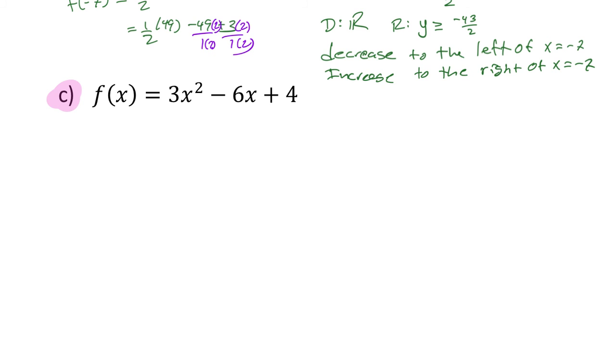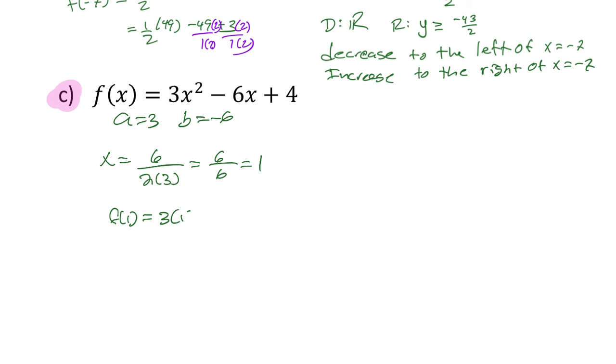Okay, so letter C, again, let's start identifying A equals 3, B equals -6. So again, my x is going to be equal to the opposite of b, so +6 divided by 2 times 3. So 6 divided by 6 equals 1. Now I'm going to find f of 1.